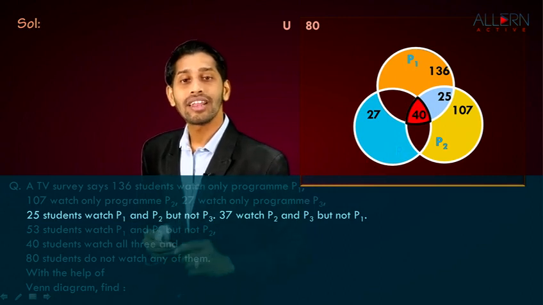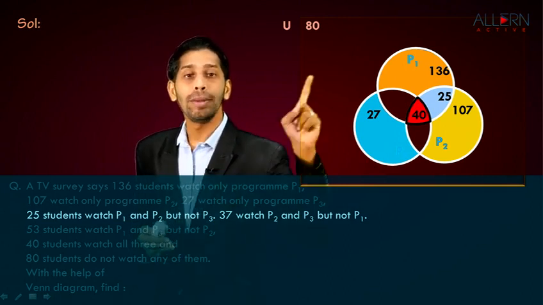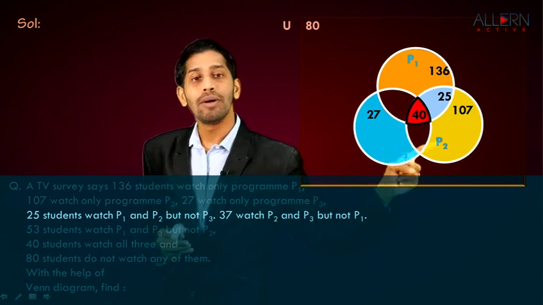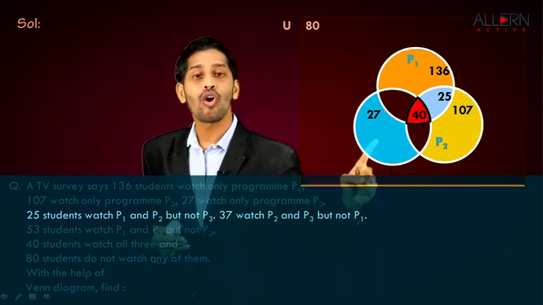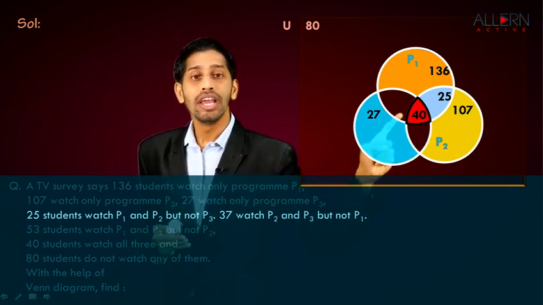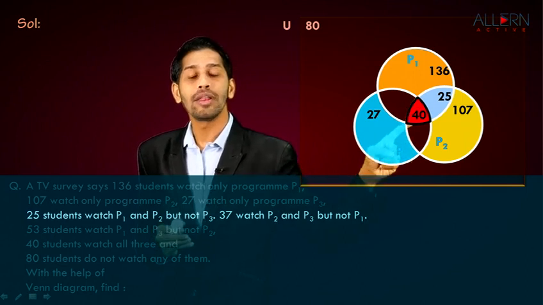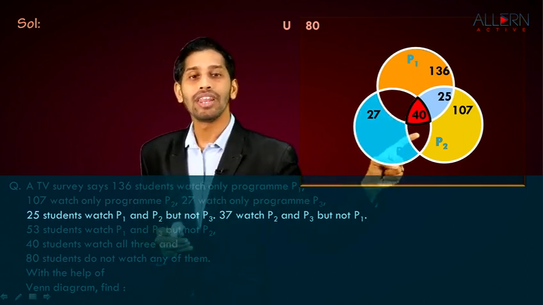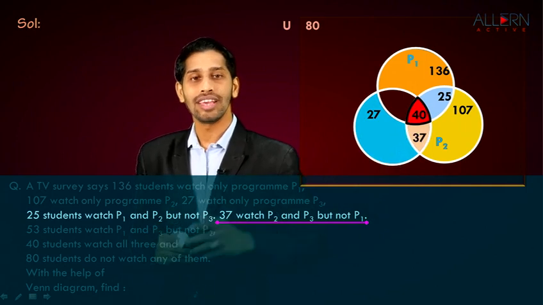Further it says that 37 watch P2 and P3 but not P1. We take the common part of P2 and P3, excluding the part which belongs to P1, and we write 37 over here.